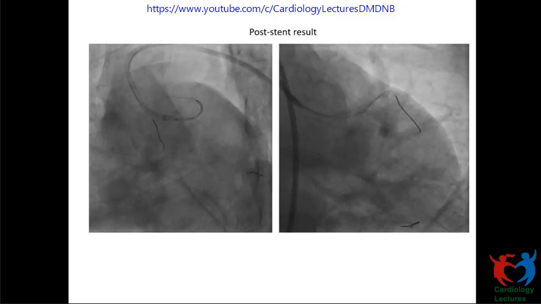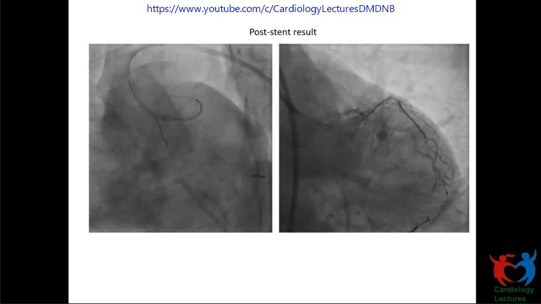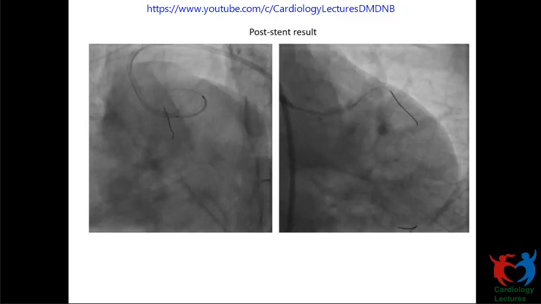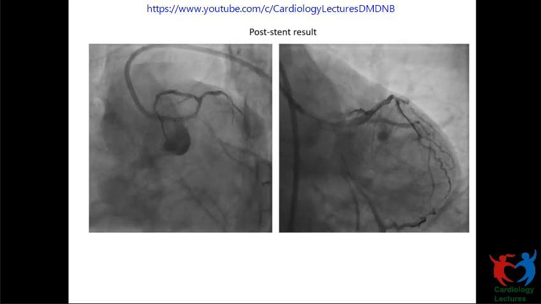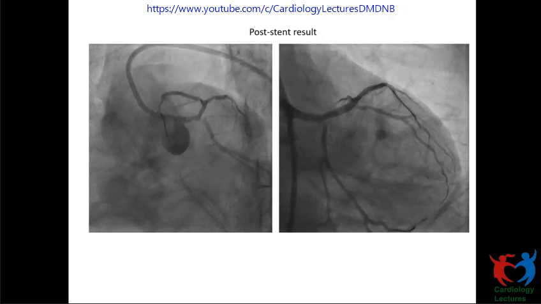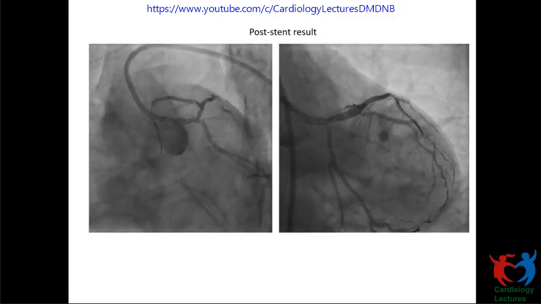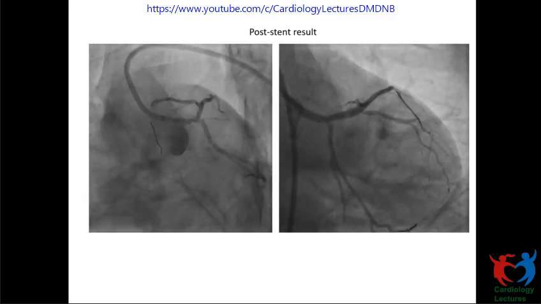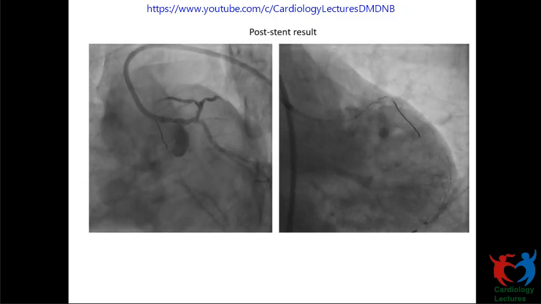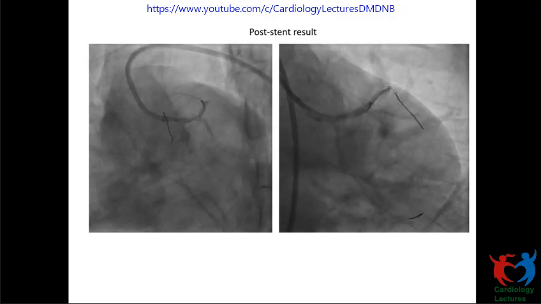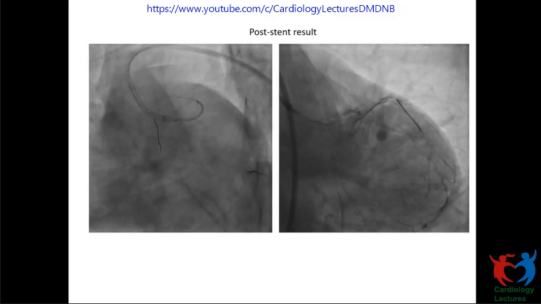And of course, we use Murray's law, Finet's law, and the Fukasawa's law. All these are used for sizing of the stent, and we can apply similar laws to size the balloon. But all said and done, IVUS is much better to know the size of the balloon or stent we are going to use than using these laws.